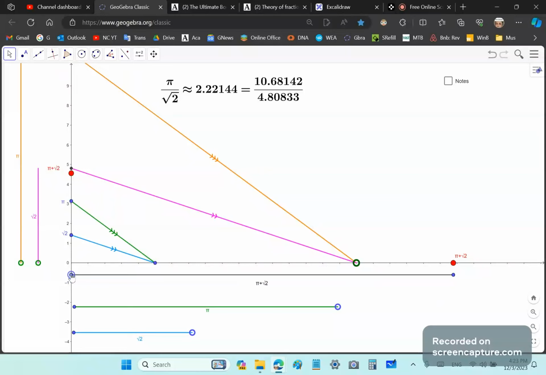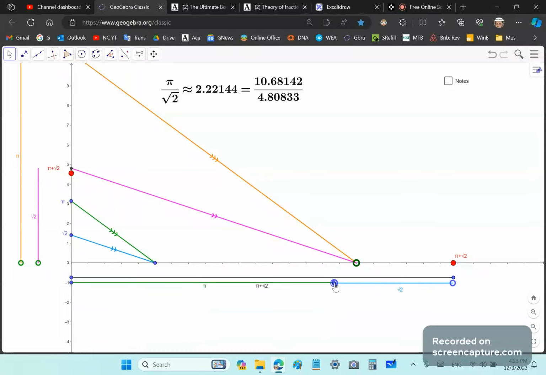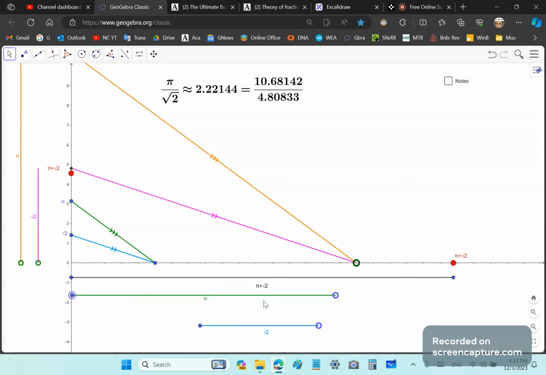So in geometry, if you find that you can measure such a line with two line segments like that, then you can say that each of these line segments is a factor of this black line. And why can you do that? Well, because if you continuously subtract the green line until you can't subtract it anymore, and then what's left, this blue line, is divisible by the blue line, then it means that both of them measure the black line and they're both factors of the black line.